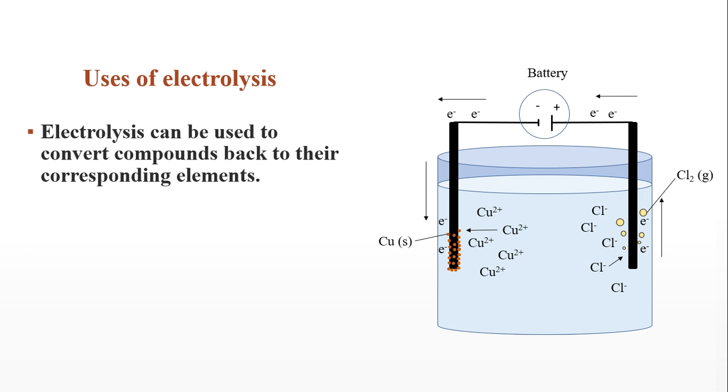This is interesting. By applying electricity to a solution of an ionic compound, we can, over time, convert all of that salt, all of that ionic compound, back to its corresponding elements. So we can make solid copper and chlorine gas by applying electricity to a solution like this.